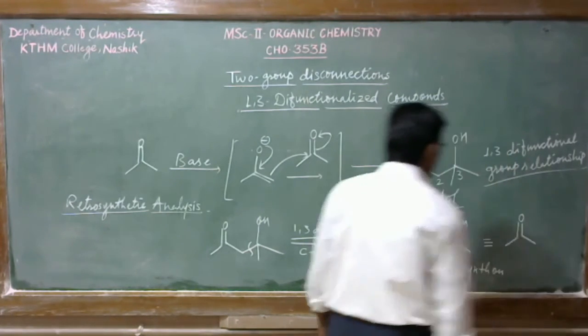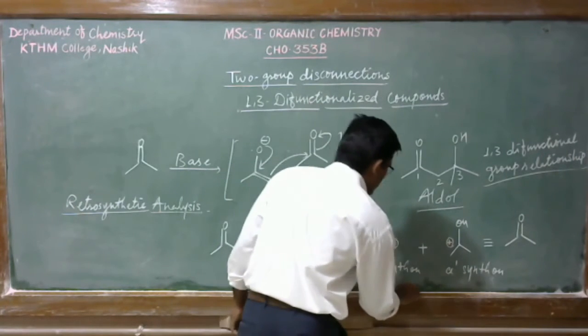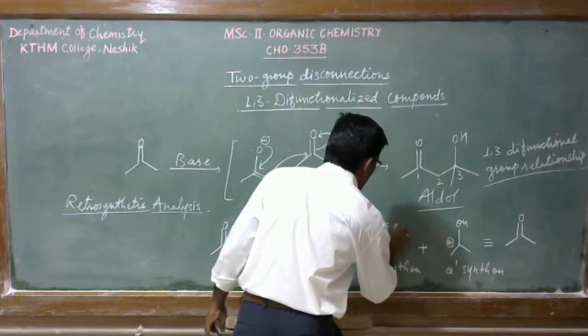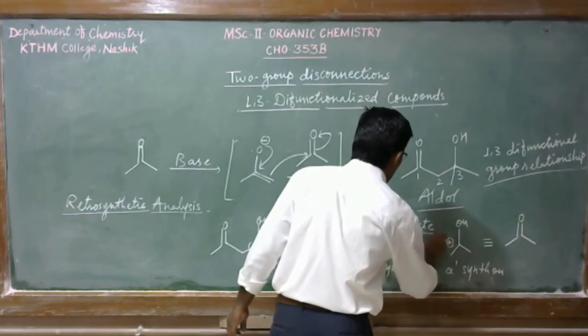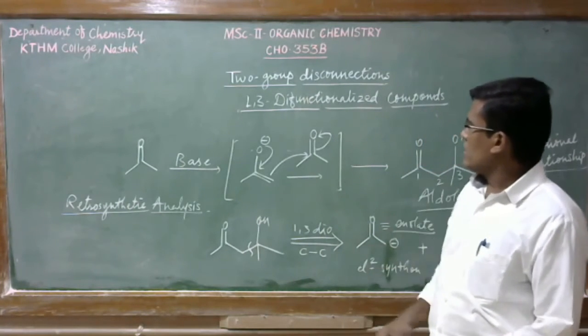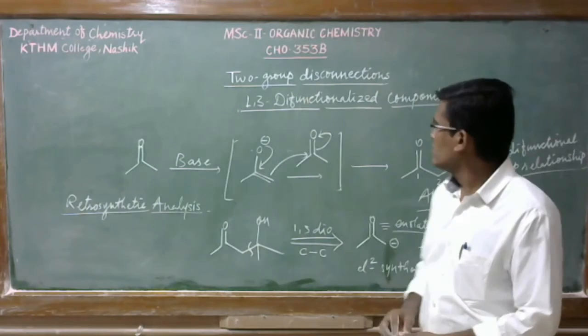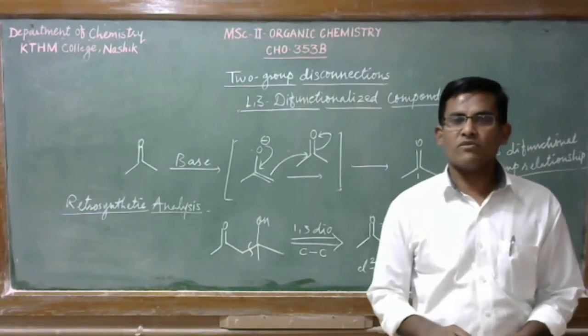This is equivalent to ketone and this is equivalent to enolate. So in this aldol you will observe this 1,3 difunctional group disconnection.